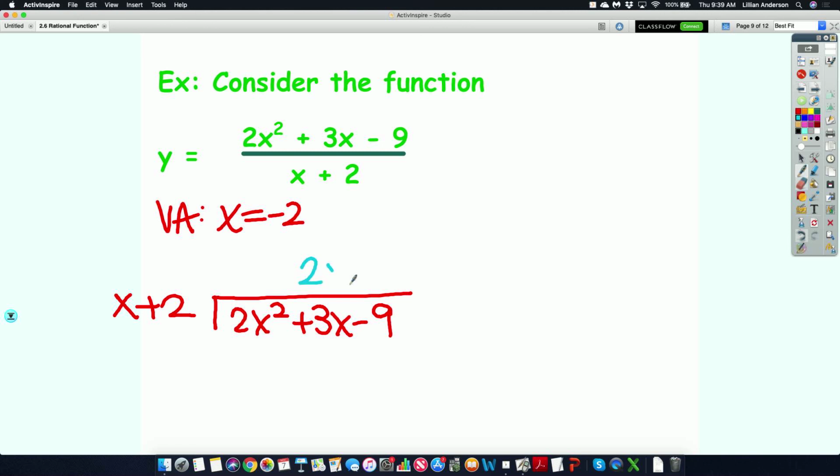2x. So, again, you only ask yourself, what times this first term, which is x, would multiply to give you that first term underneath the division symbol, and that's 2x.